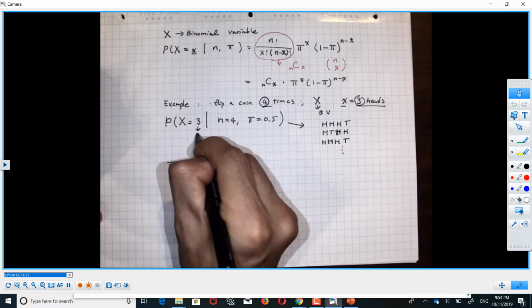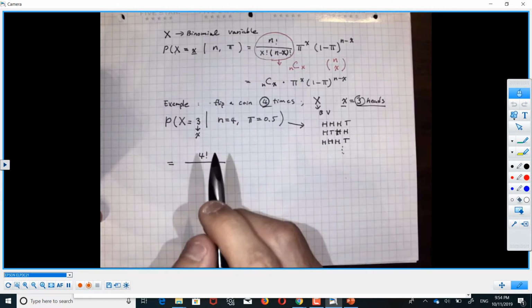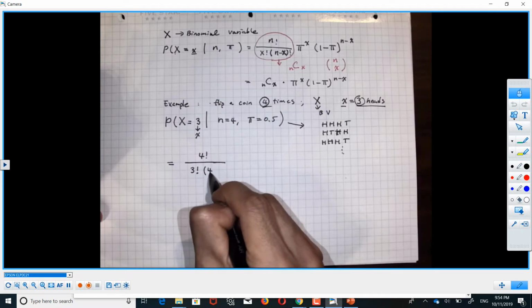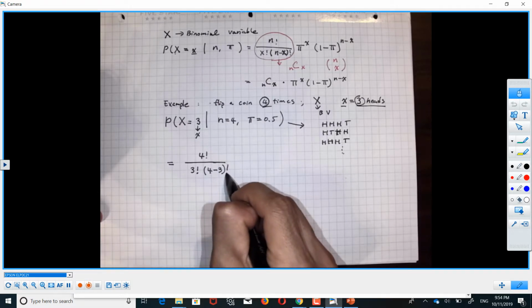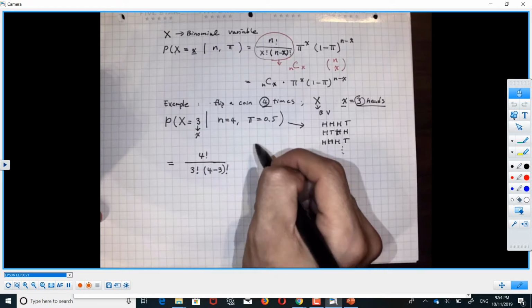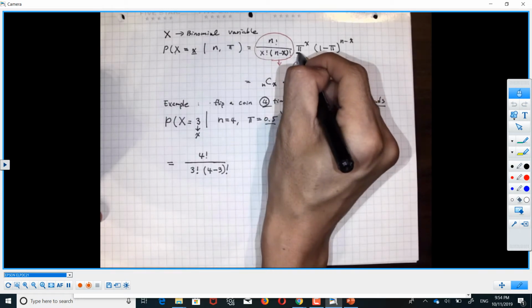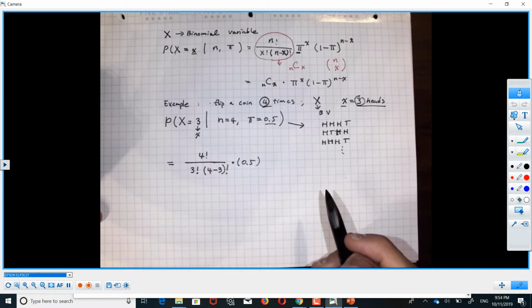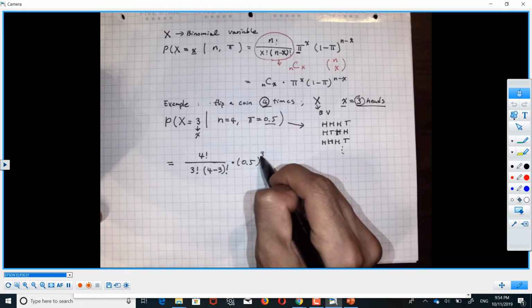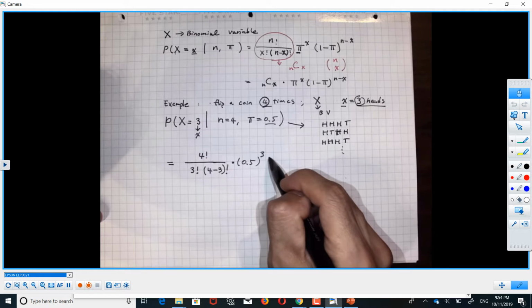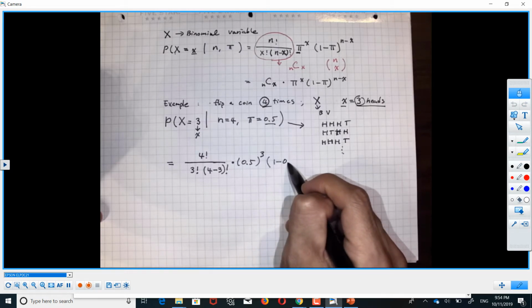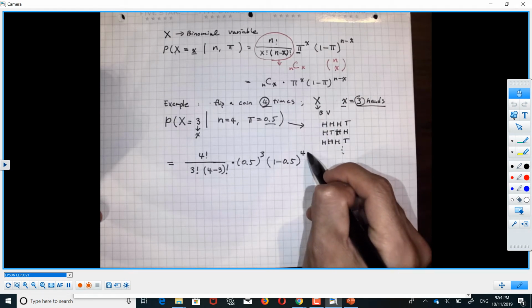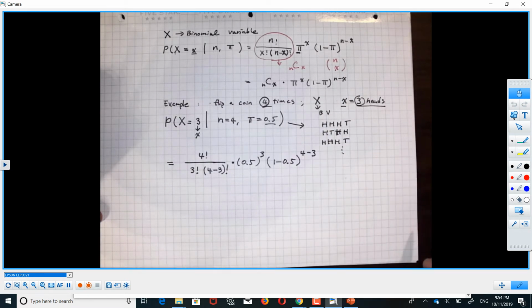So this is x factorial, 3 factorial, n is 4 and x is 3, and then pi is 0.5, so multiply 0.5 to the power of x, 3, right?